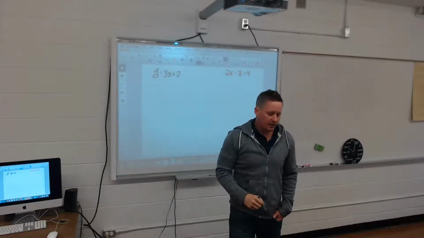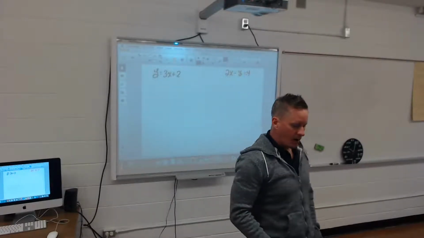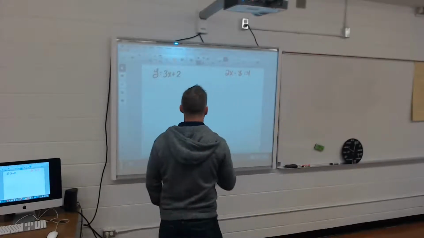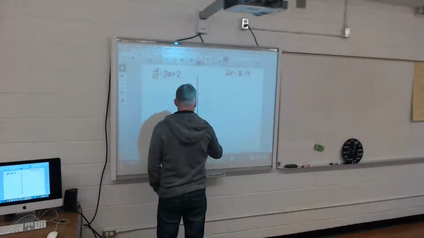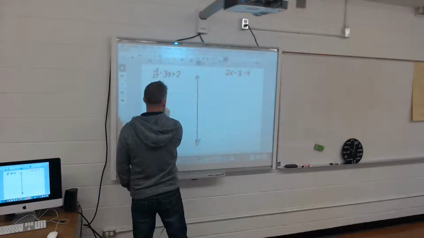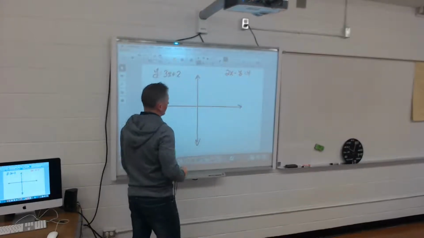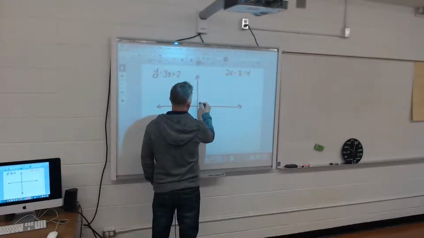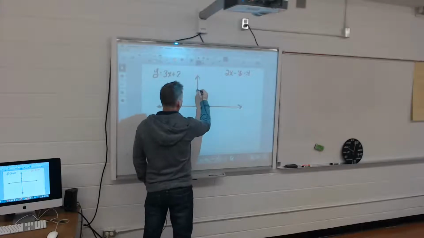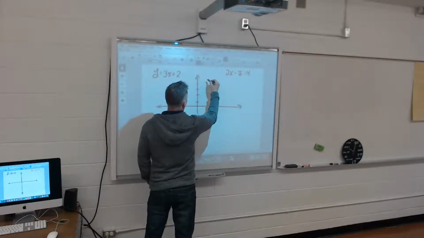So to graph y equals 3x plus 2, it's already in y equals mx plus b form. So I go to 0 and 2, and then I go up 3 and right 1 to right there.